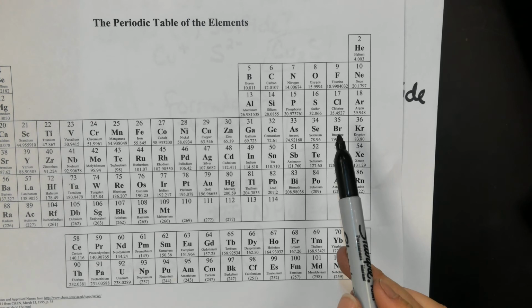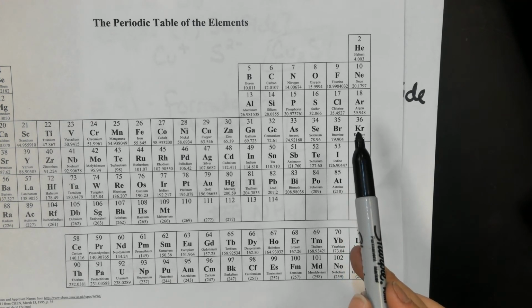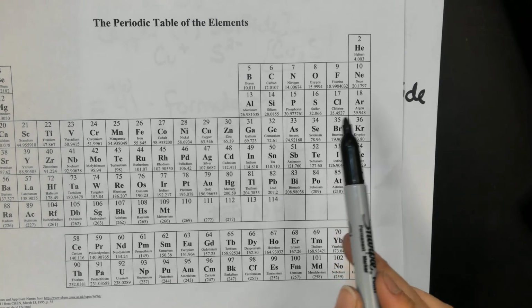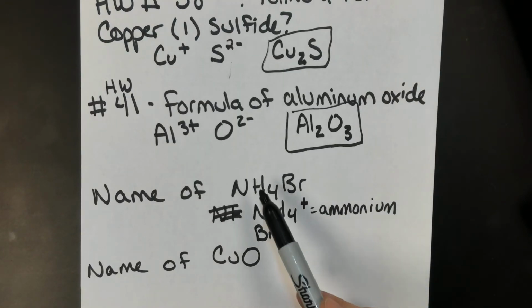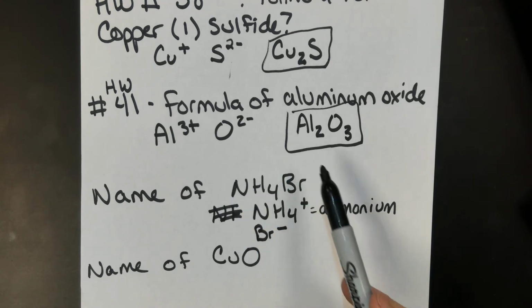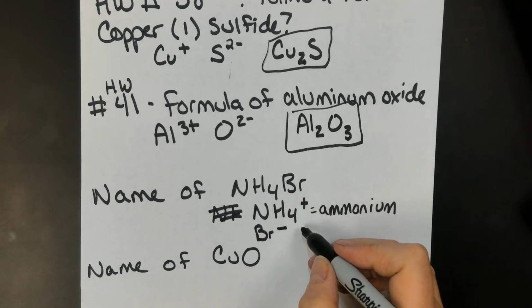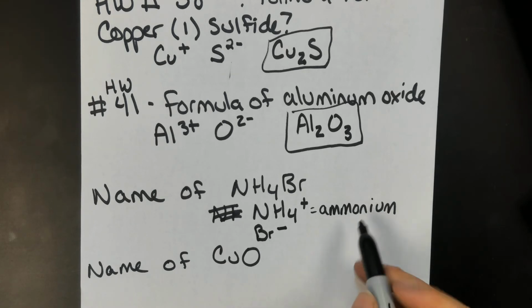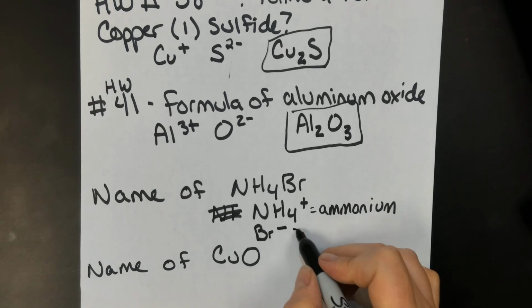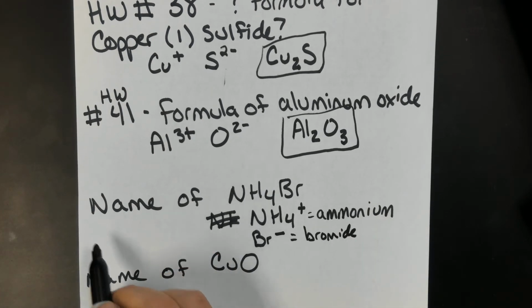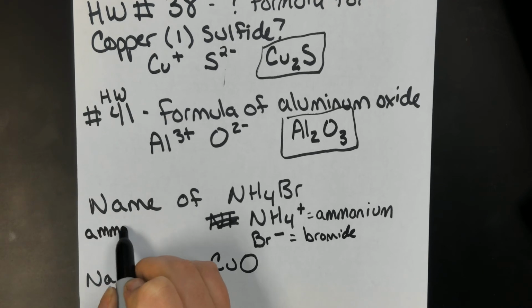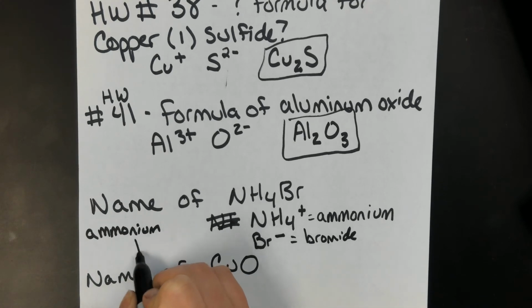So Br would have to gain 1 electron in order to be isoelectronic with krypton and have a perfect octet. So Br would have a charge of -1. I'm just breaking down NH4+ and Br-. This is bromide. So the name of it is ammonium bromide.